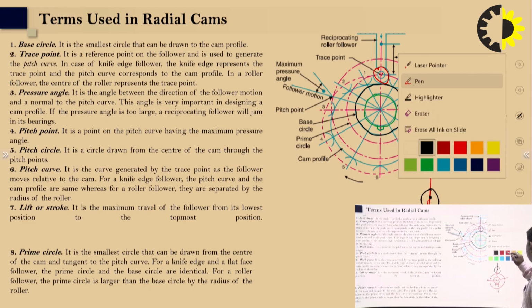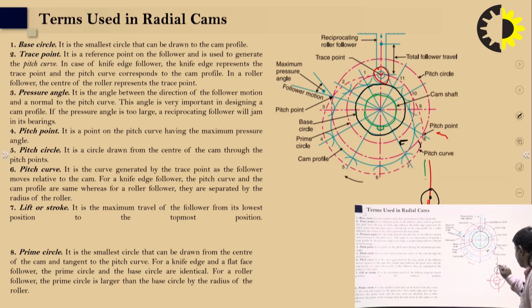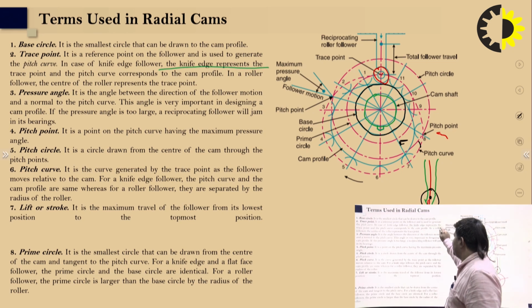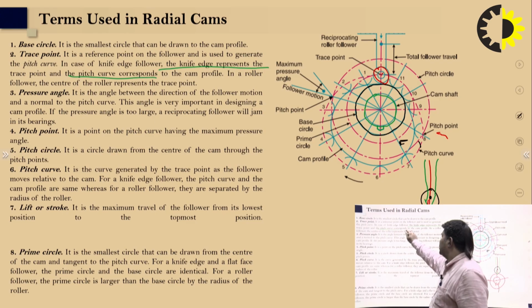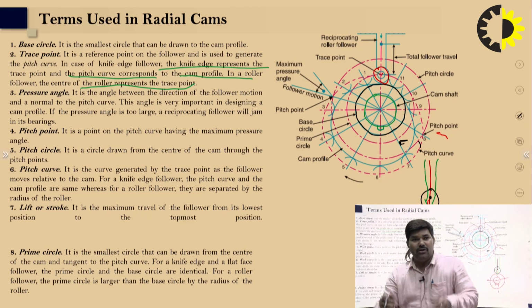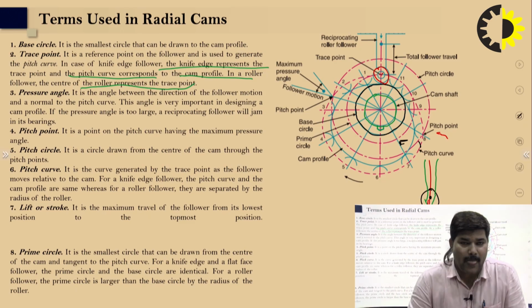I'll draw in some other color so you can understand. In the case of a knife edge follower, the trace point is the touch point on the base circle, right? So the knife edge represents the trace point at the pitch curve corresponding to the cam profile, and for a roller follower, the trace point is the center of the roller. So you can understand the difference.